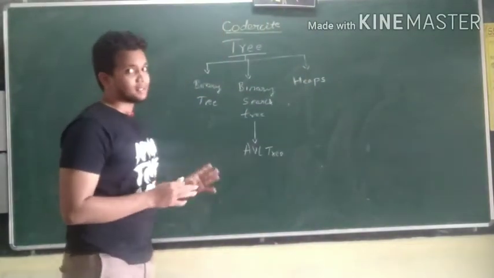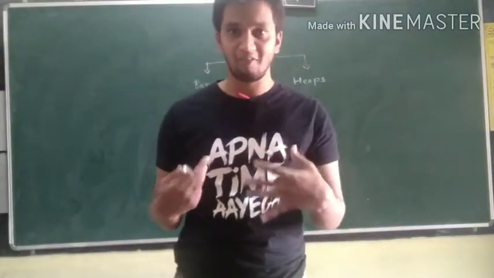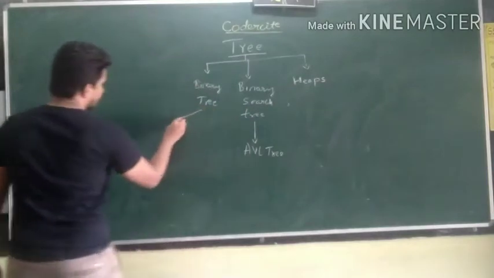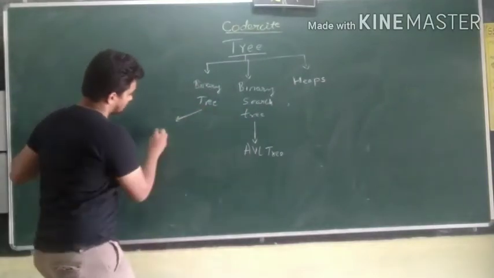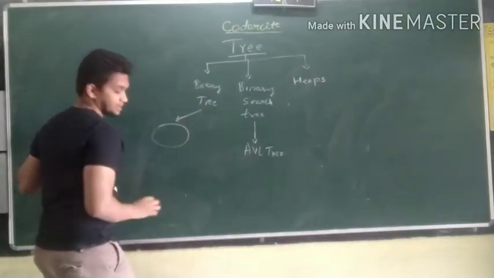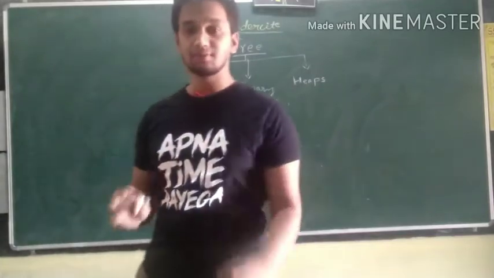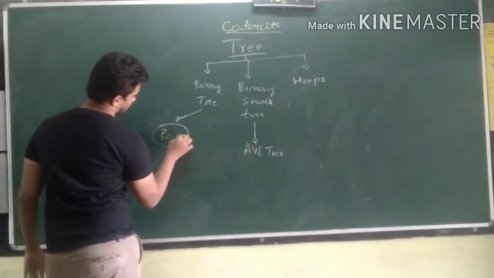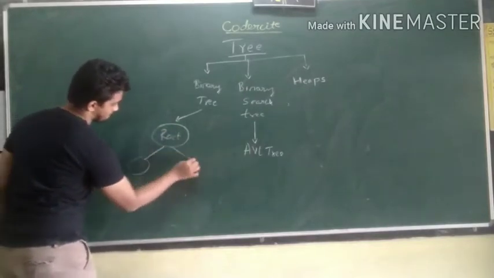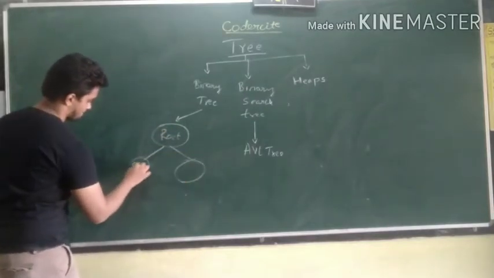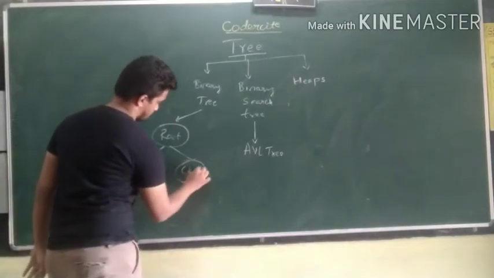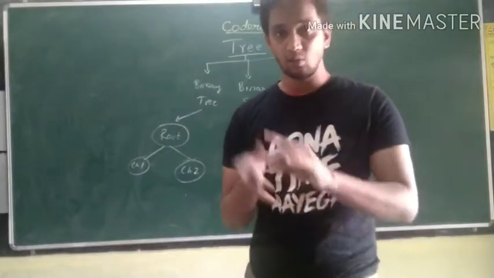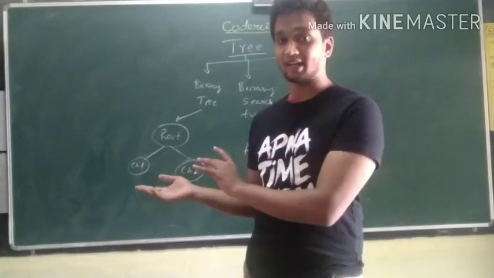Coming to trees, trees have 3 to 4 kinds of it. The first thing is the binary tree. In the case of binary trees, there will be a root node, and the root node will be having two children, one on the left and one on the right.